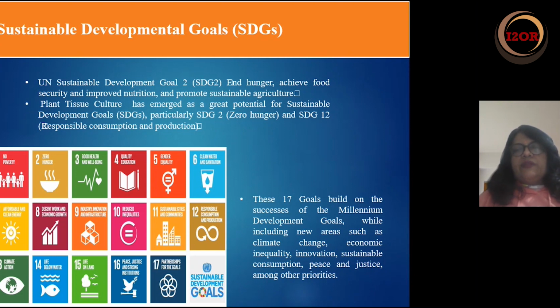As we know, all the 17 goals are very important, which we want to get, for a better world and a better community throughout.